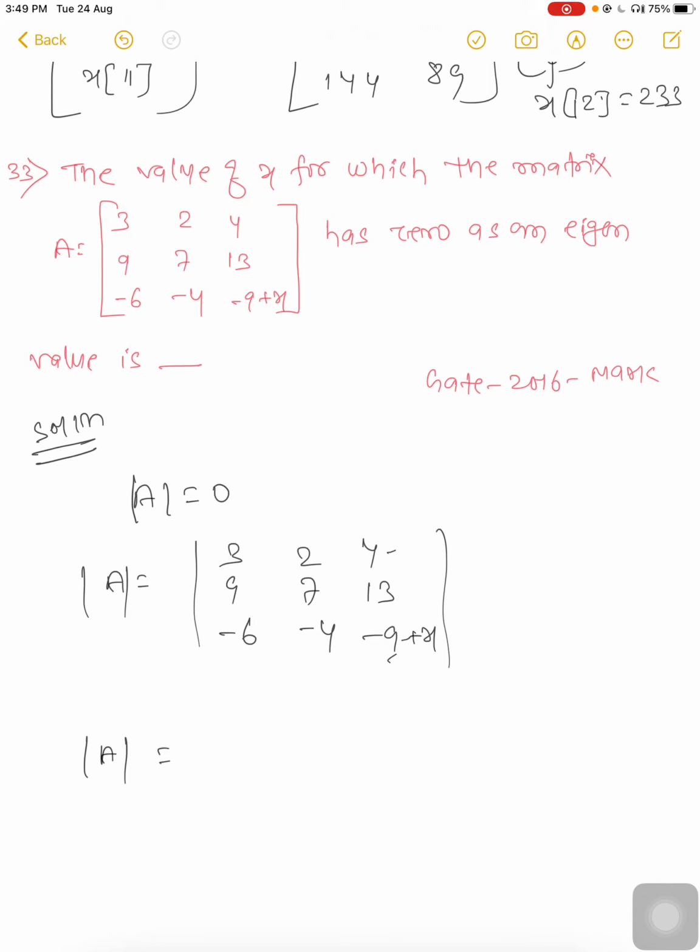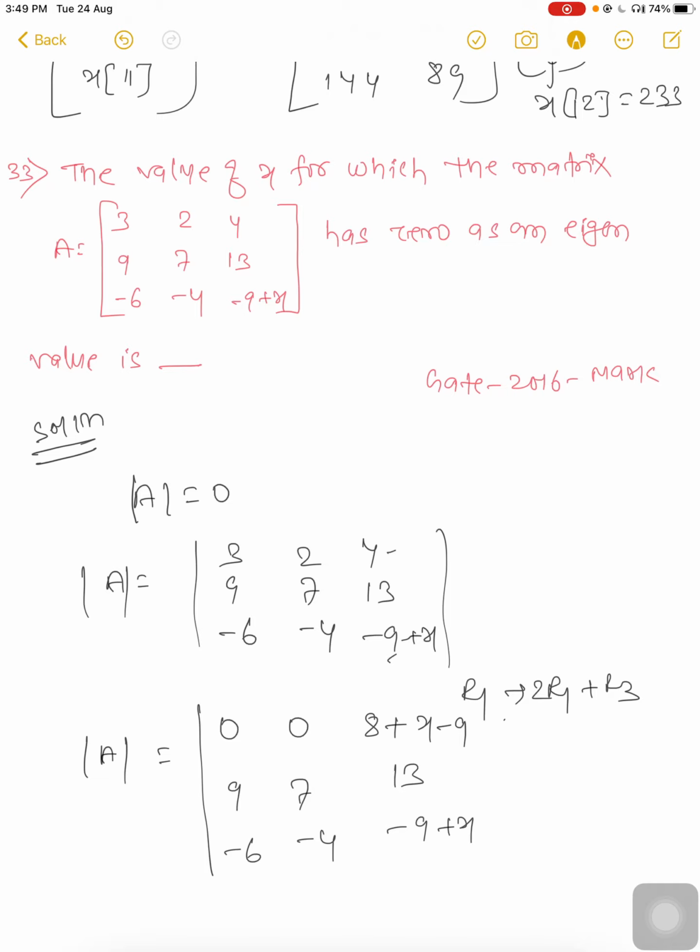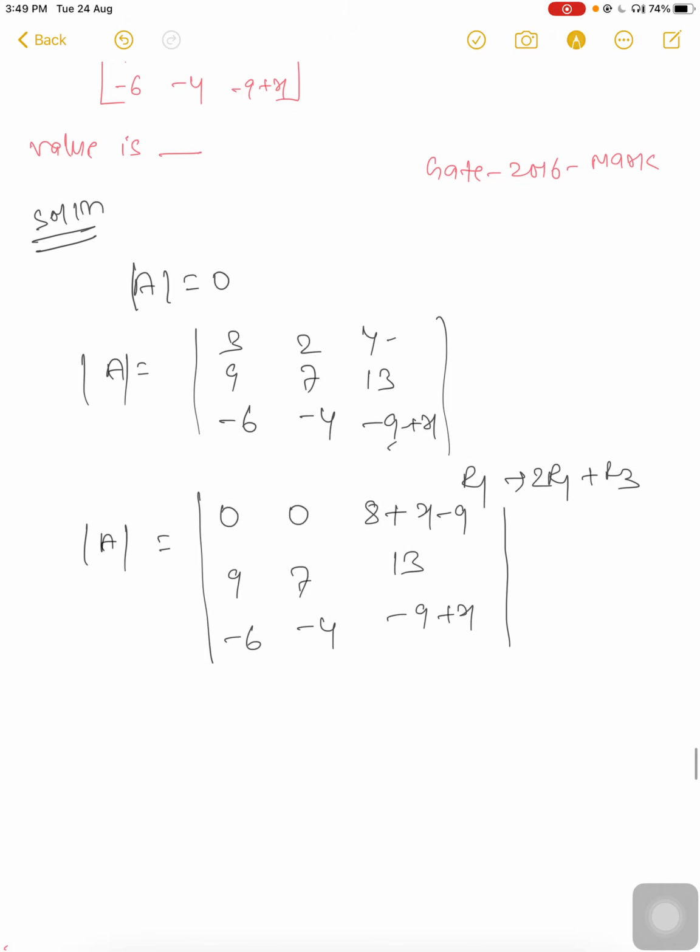Make R1 to R1 plus R3. Then what will happen? Here you will get 0, here 0, 8 plus x minus 9, 9, 7, 30 minus 6 minus 4 minus 9 x determinant.